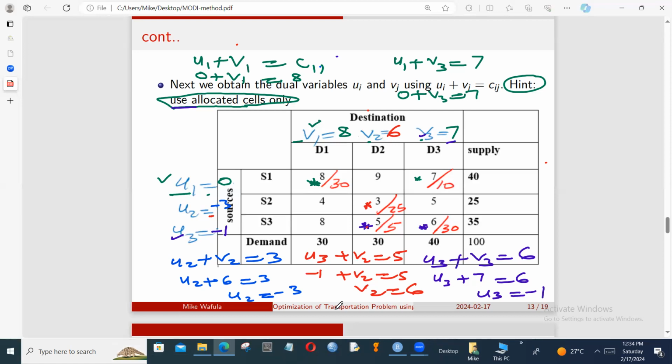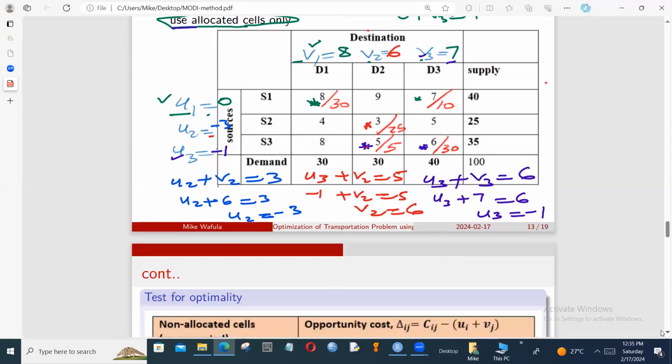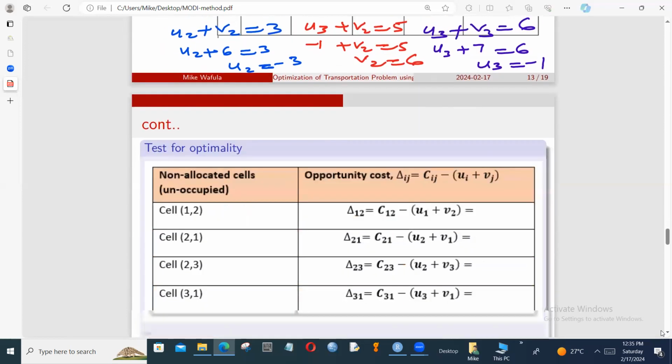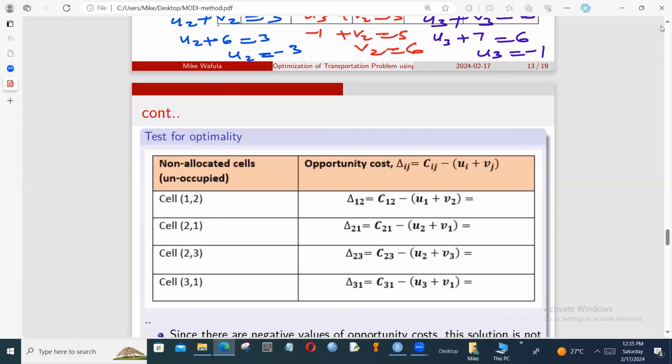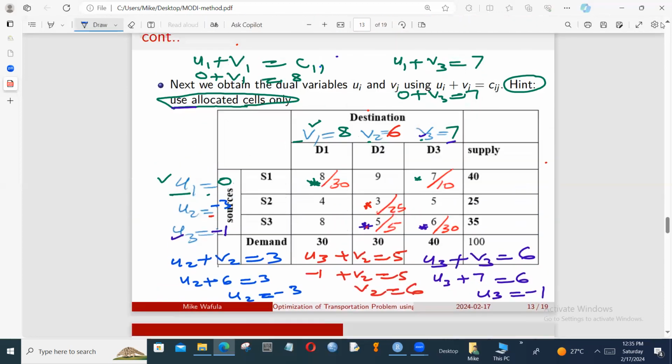Now, once you have done the dual variables, we need to calculate what we call the opportunity cost. Like I was emphasizing in the procedure, for the opportunity cost we use the cells that have not received any units at all, the cells that have not gotten the chance to be allocated any units.